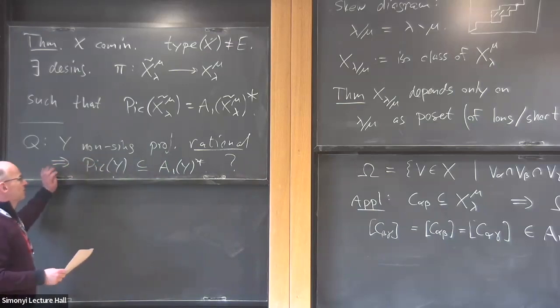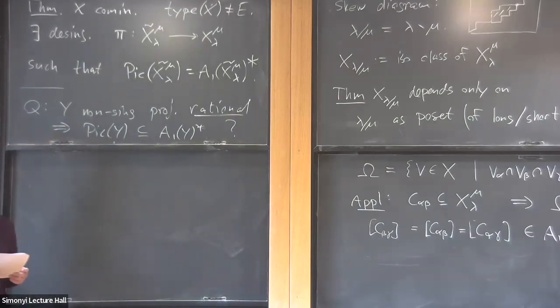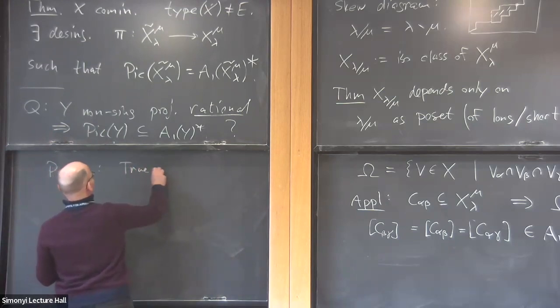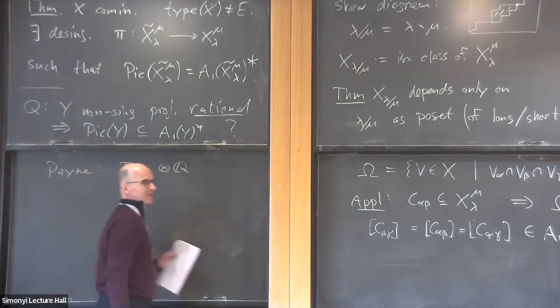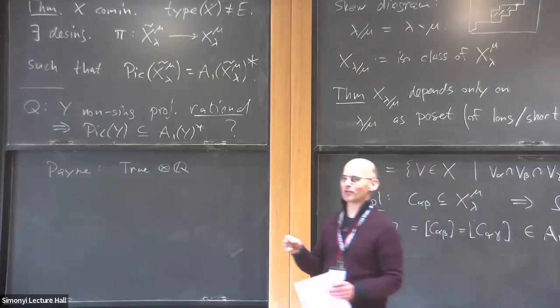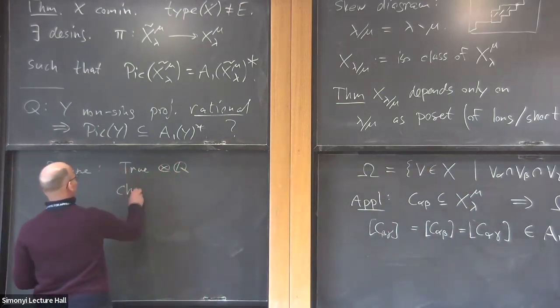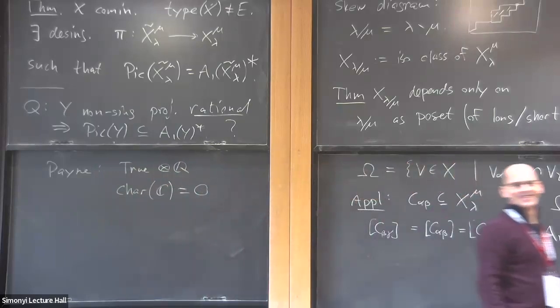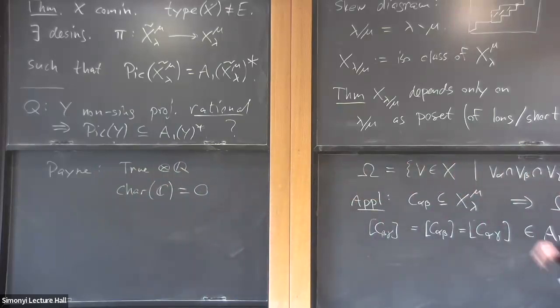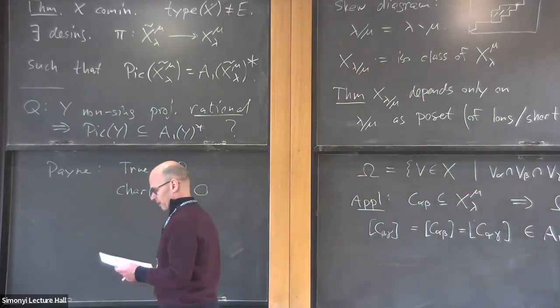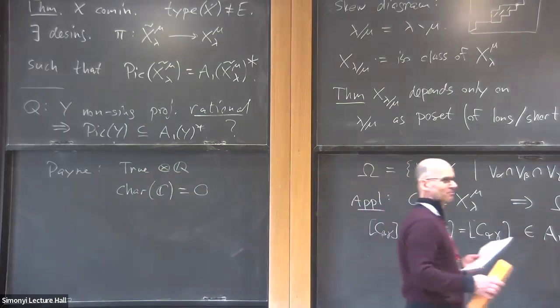So I asked several people about this, and Sam had something to say. Since this is true if you tensor with the rational numbers, then I think you're using Hodge theory. So I imagine that means we have to assume that we are in characteristic 0. The resolution doesn't require any characteristic.